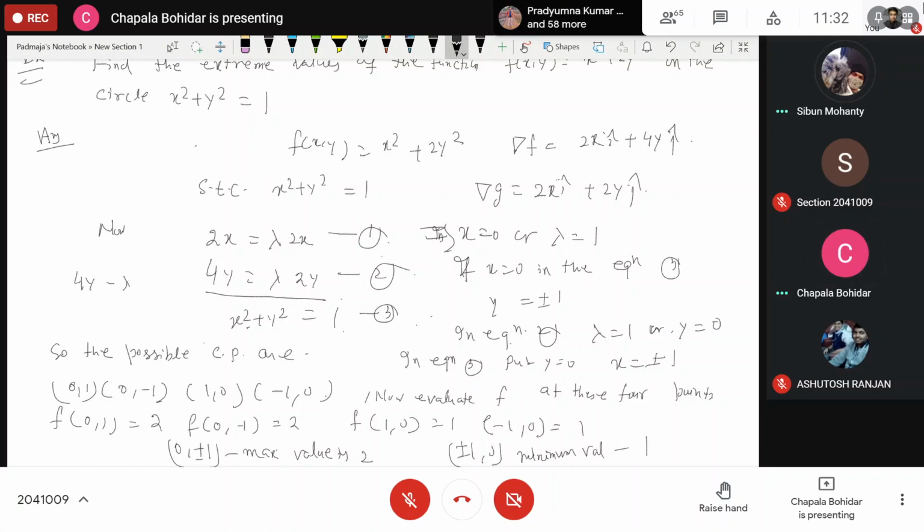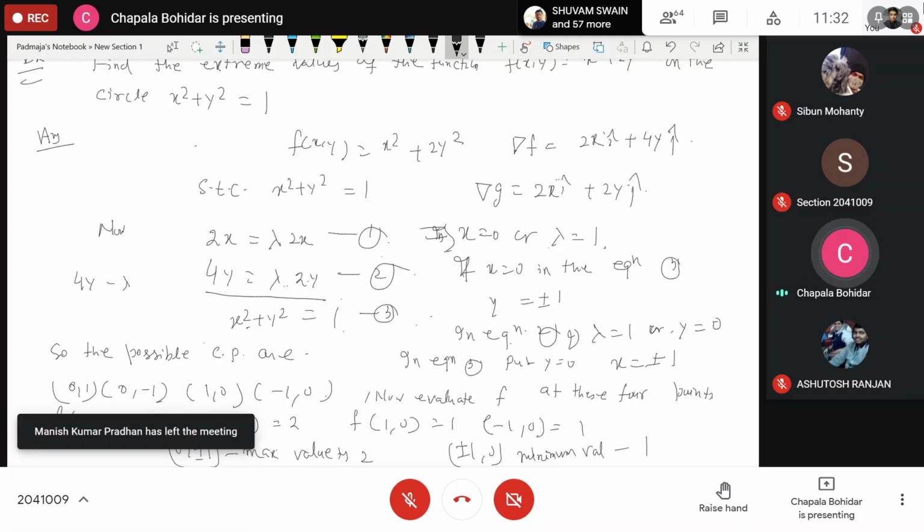If we put lambda is equal to 1, what do I get as the value of y? If lambda is equal to 1, then y is equal to 0.